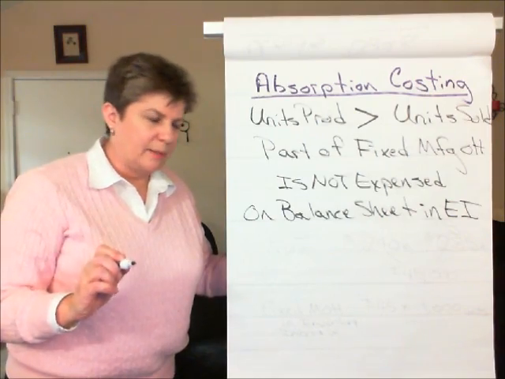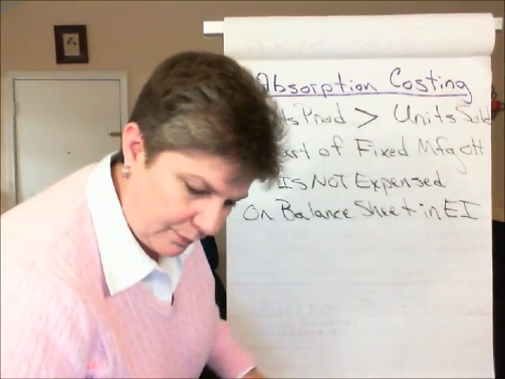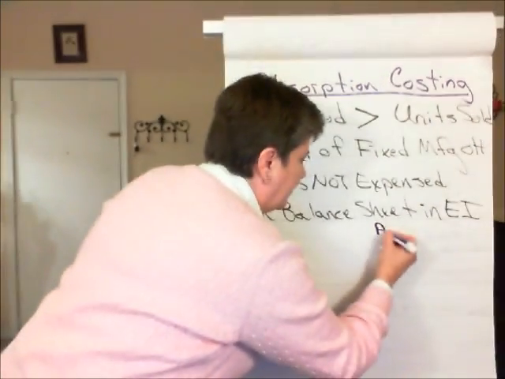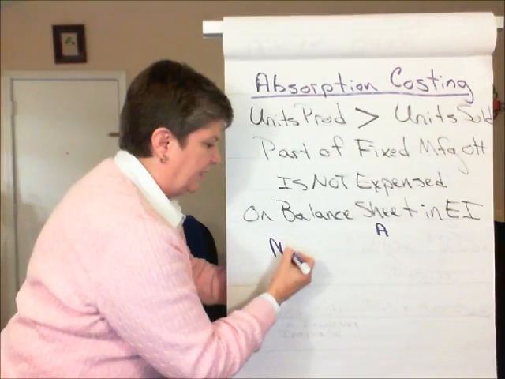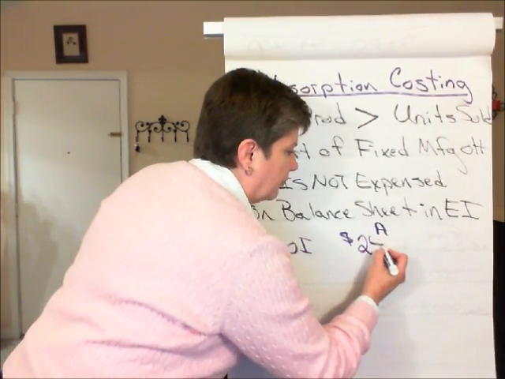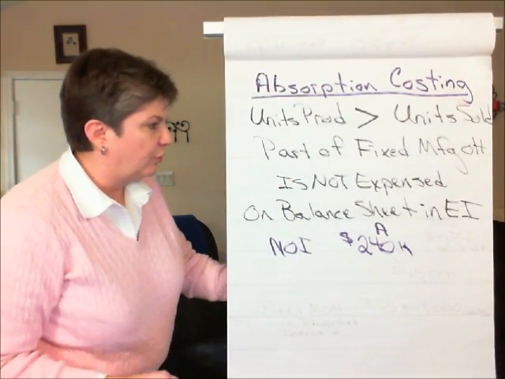Now, let's look at the numbers again. In scenario A, our net operating income was $240,000, which I'll just leave off the 3 zeros.